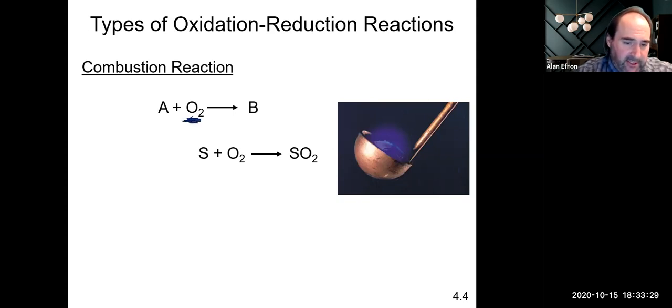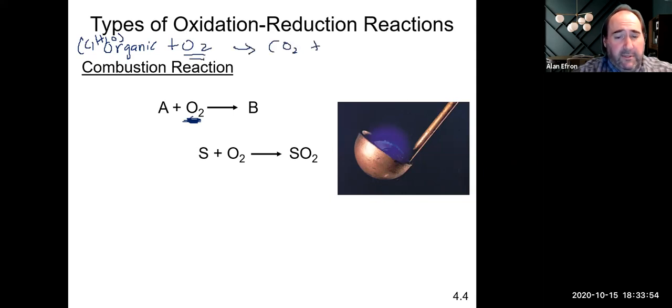So pretty much that meets the basic definition of a combustion reaction. I will say that most people, when they think about a combustion reaction, think about what is sometimes referred to as an organic combustion reaction. And in an organic combustion reaction, you start with something with carbon, hydrogen, and oxygen, react it with O2, which is needed, and you make CO2 plus water.